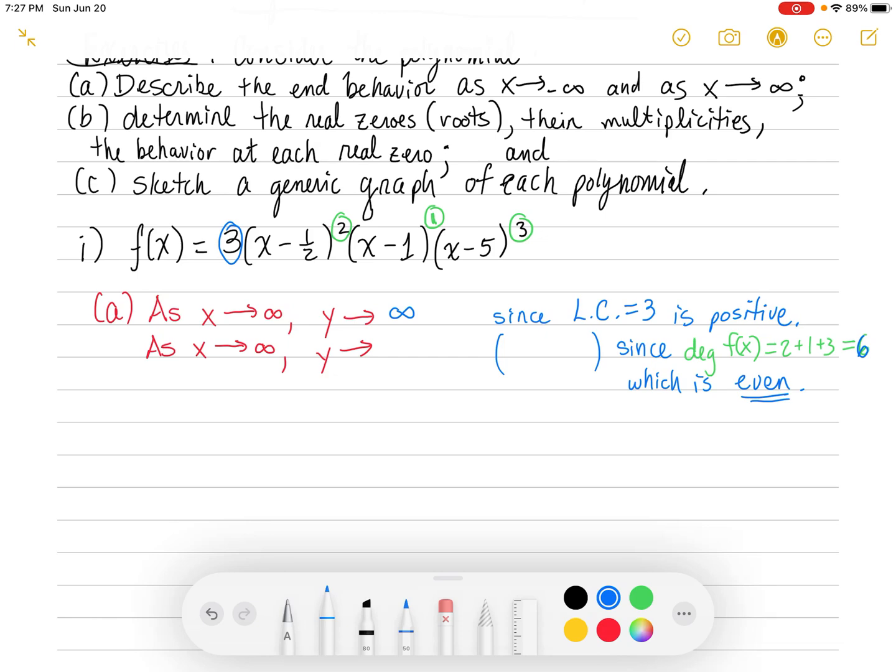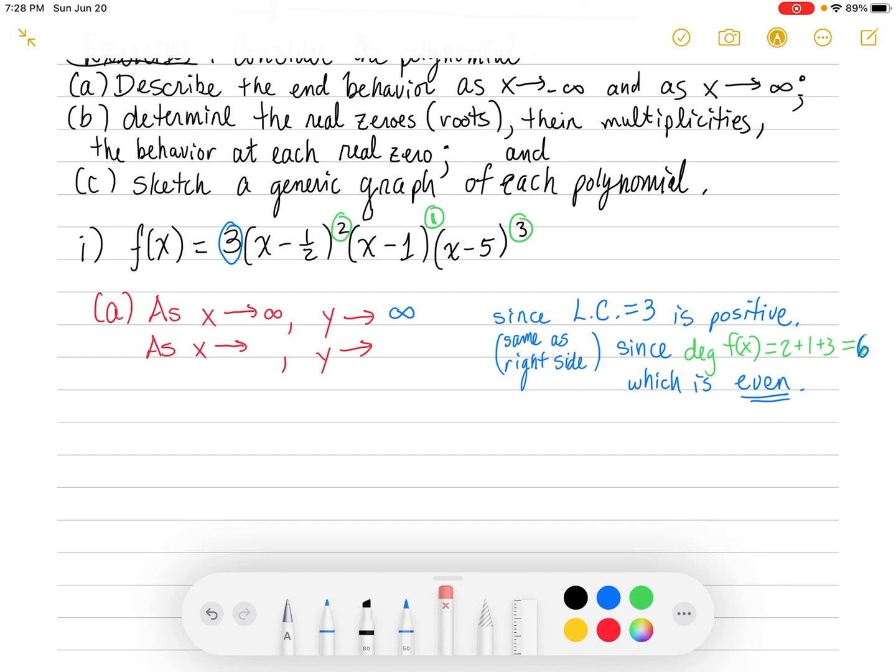So if you have an even degree for your entire polynomial, that means the left side is going to be doing the same as the right side. So now you can figure out what y is going to do on the left side. Remember, on the right side, as x goes to infinity, y was going to infinity.